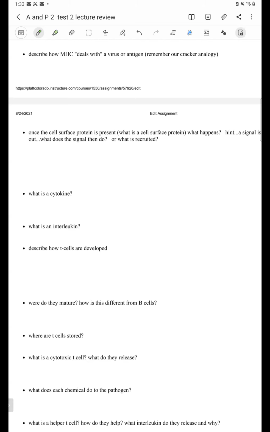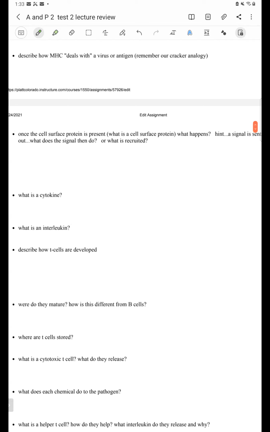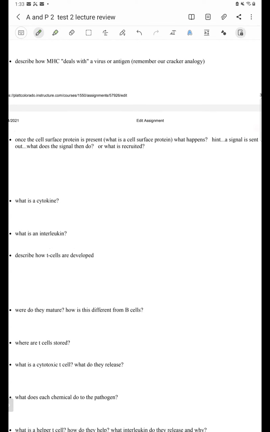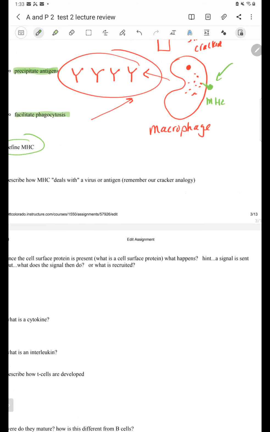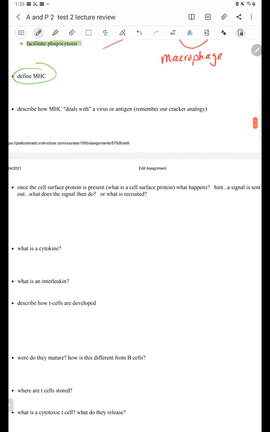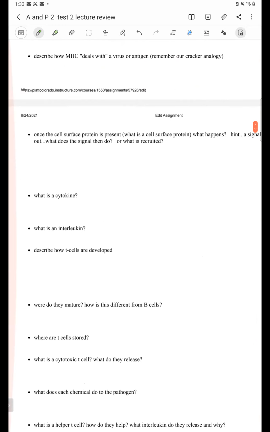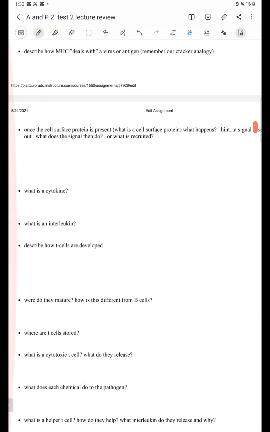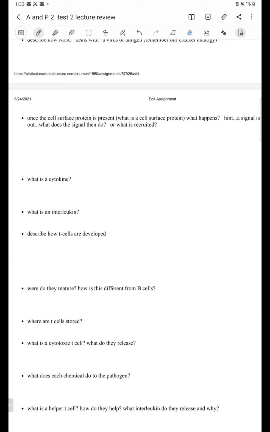Okay, once the cell surface protein is present, so what is the cell surface protein? Well, we mentioned it there. What happens? A signal is sent out, and what does a signal do, or what is recruited?